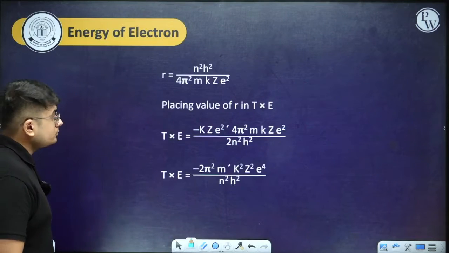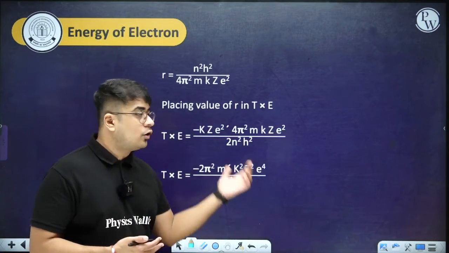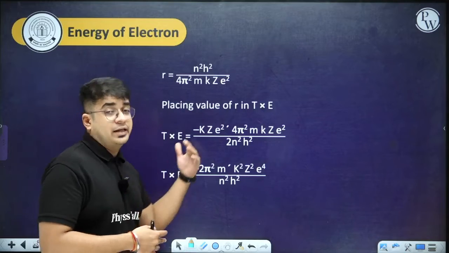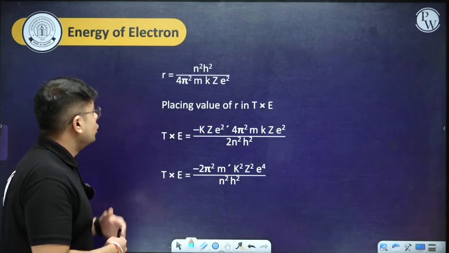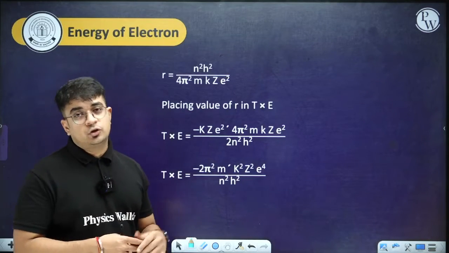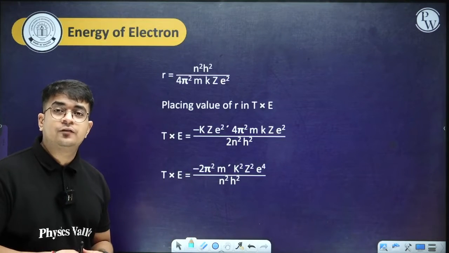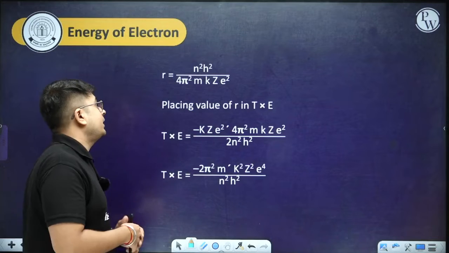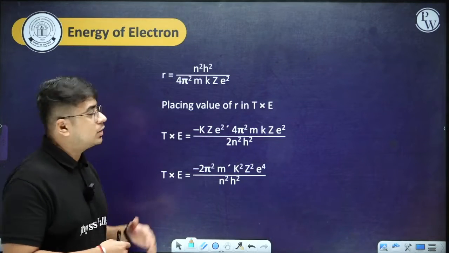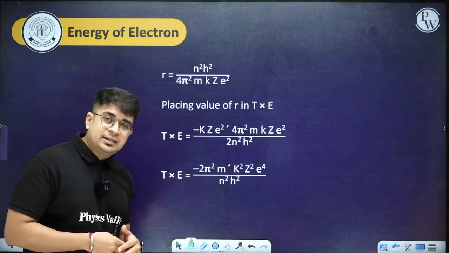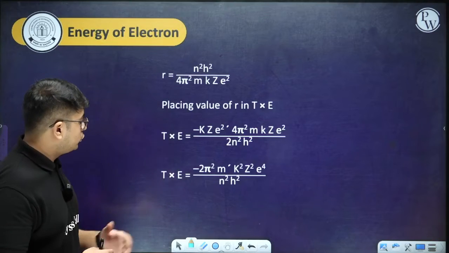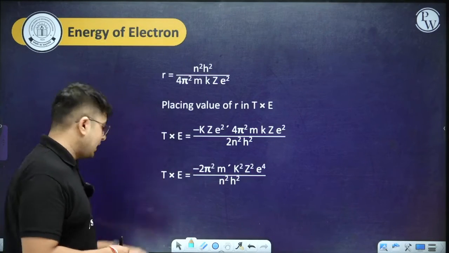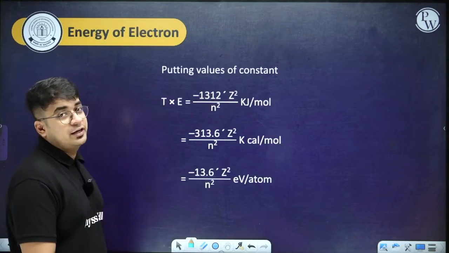But if you put the value of r in this case, you can calculate the total energy value, the potential energy value, and the kinetic energy value also. Here r is equal to 4 pi n square h square upon 4 pi square m k Ze square. You can take all the constants on one side and put the values here.